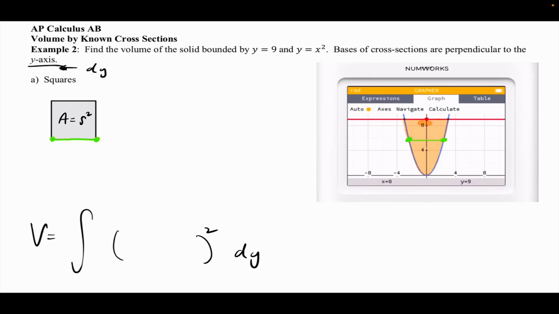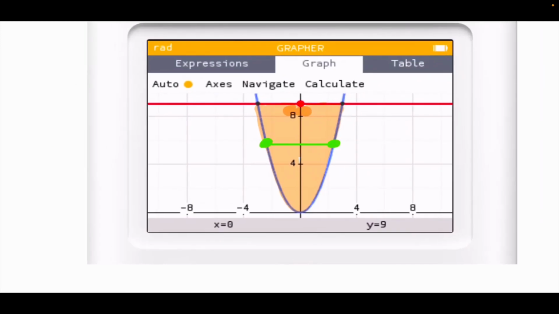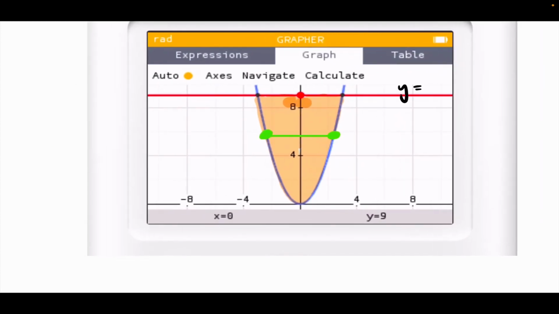Okay, so let's write down what I have on my graph. I have y equals 9. The blue is y equals x squared. Those are the two things they gave me.